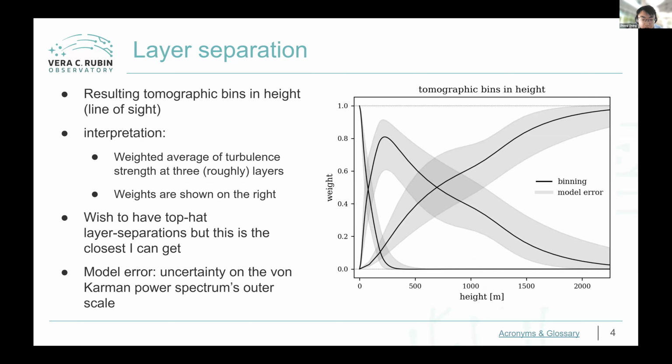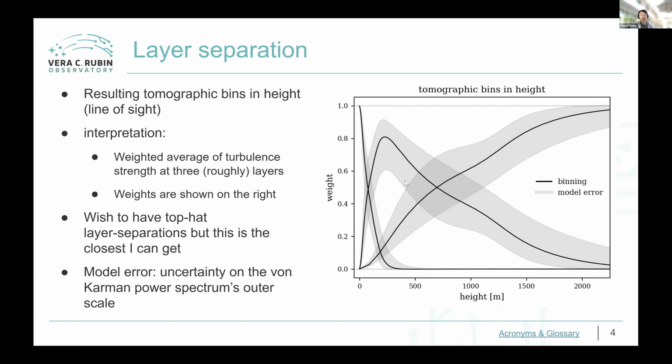For each bin, we have a measurement of the turbulence strength, which is the weighted average of atmospheric turbulence strength according to these curves shown on the right as a function of height. We have a ground layer roughly up to 250 meters, a mid layer, and a free atmosphere layer that's roughly about 500 meters.